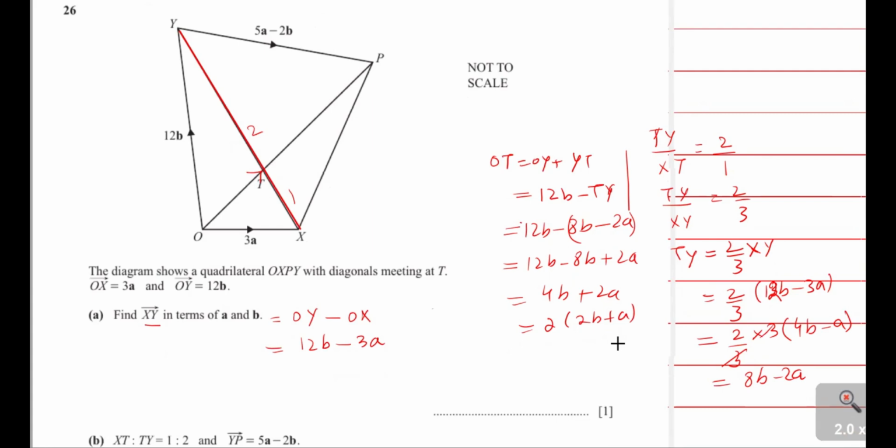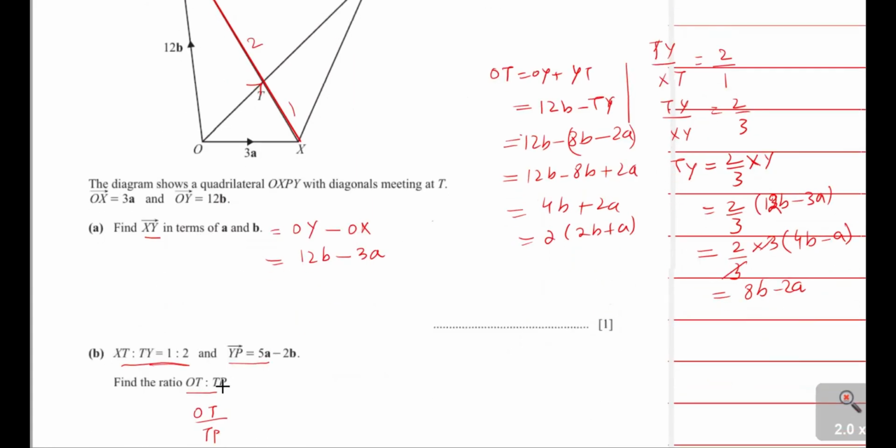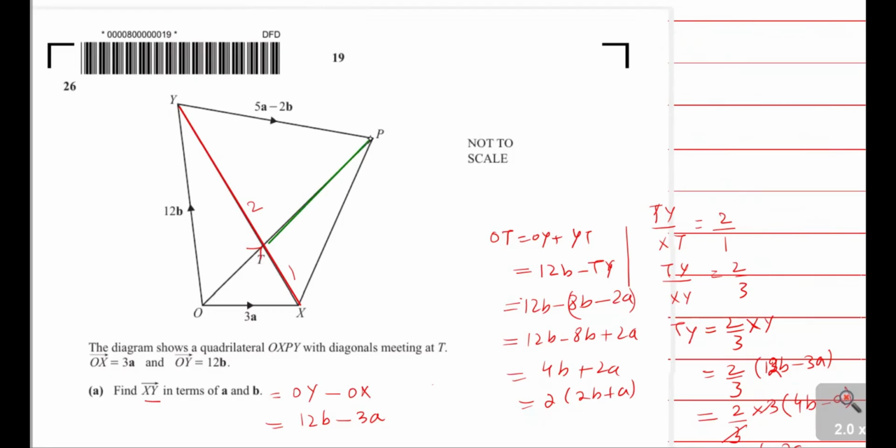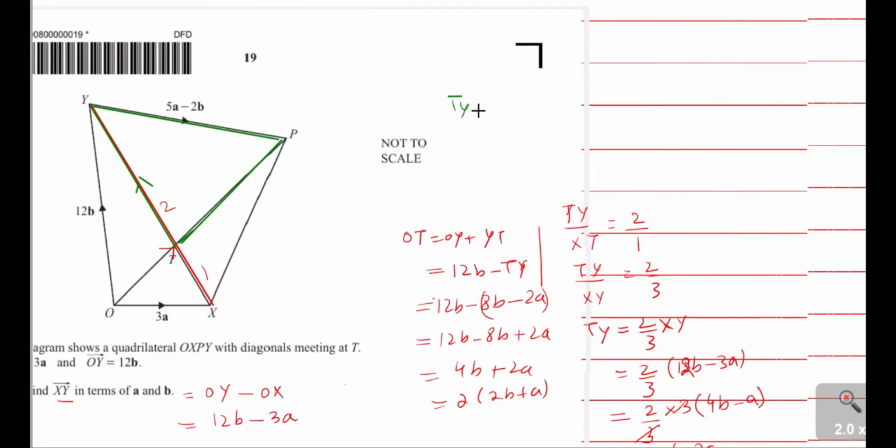And next we will calculate the vector TP. This is the TP vector, and we can write this as TY plus YP. Therefore, we write TP equal to TY plus YP, and we use this head to tail rule method.